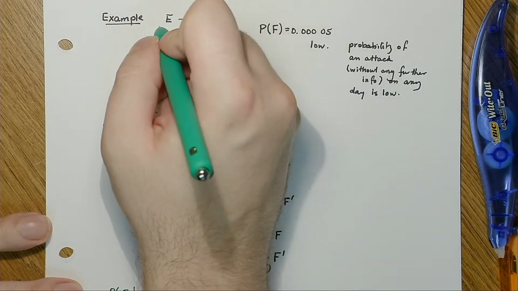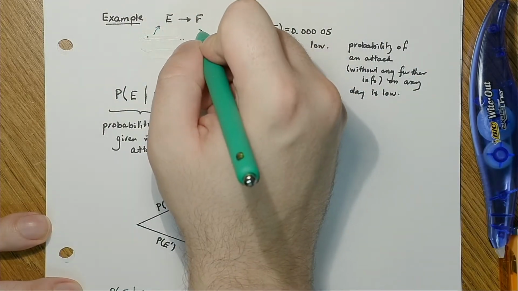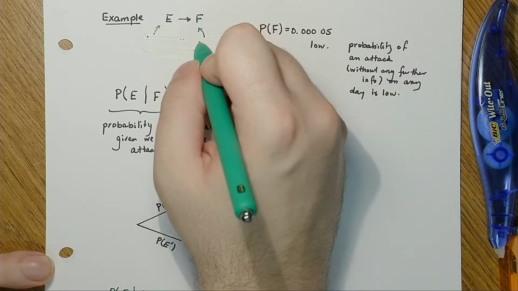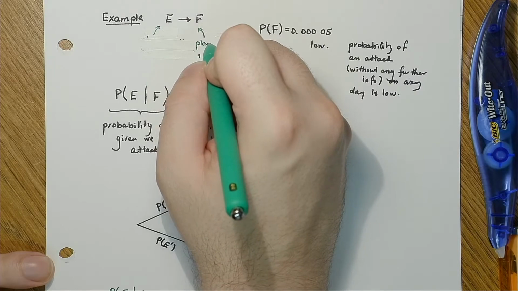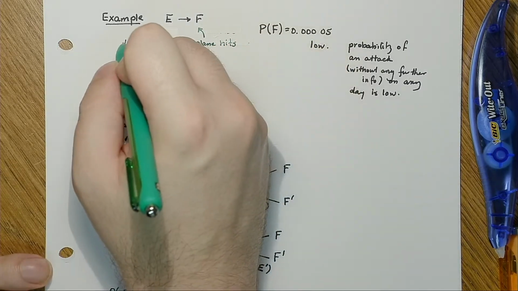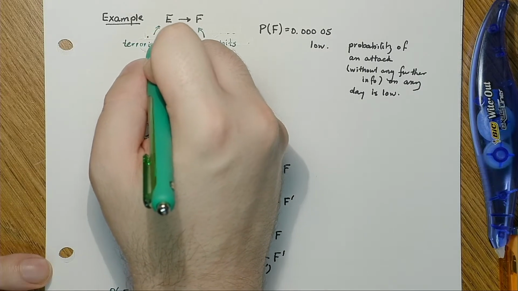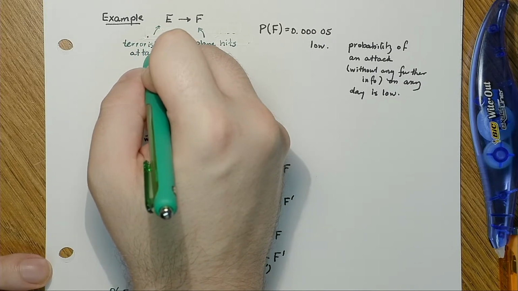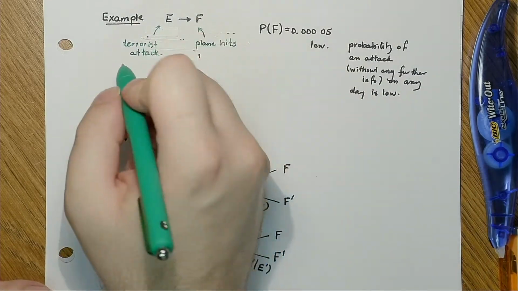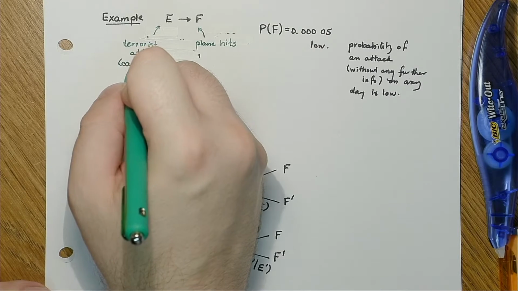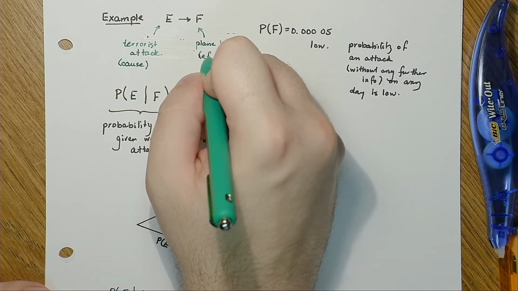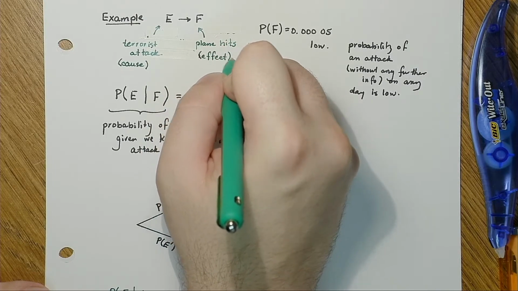So over here, let's say that this is a plane hitting, and this is a terrorist attack. Okay, because now what we have here is the cause, right? And over here is the effect. This makes more sense for us, right?